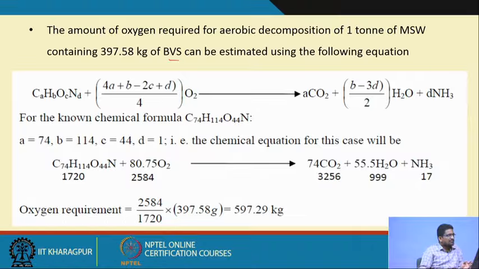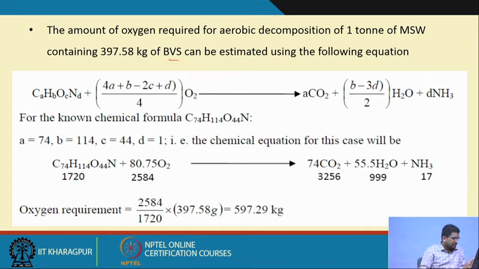The molecular weight of the given chemical is 1720, and for the oxygen we calculate 4a plus b minus 2c plus d, divided by 4, which gives 80.75 moles, so the molecular weight of oxygen is 2584.